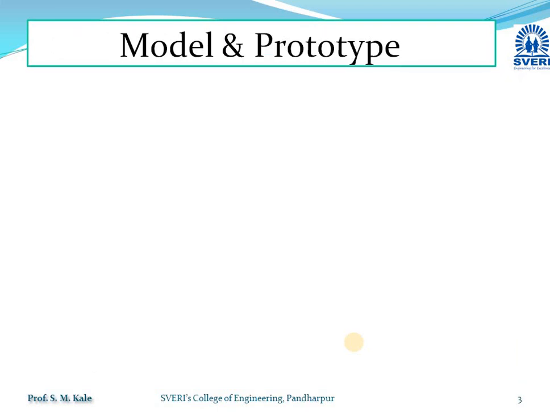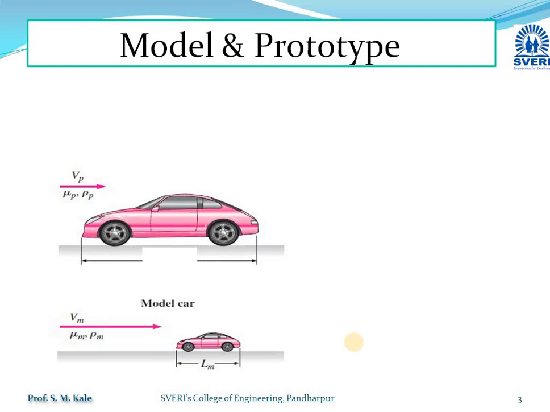So the first point is what is meant by model and prototype. Here in this picture you are observing one bigger car and one smaller car. Suppose I have a plant in which I am manufacturing the car. After designing the car, it is not possible to directly manufacture it. First I need to test and predict the various behavioral parameters of that car.